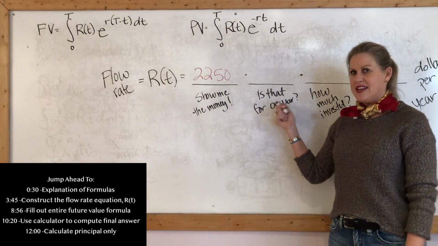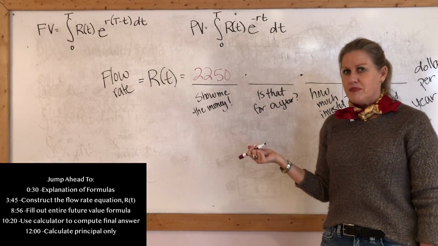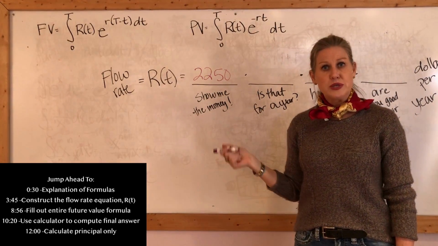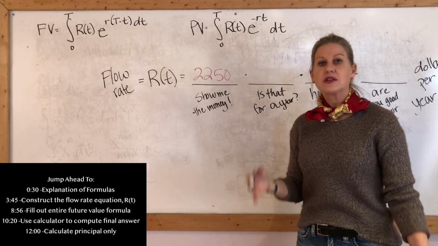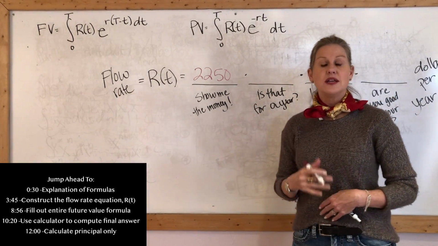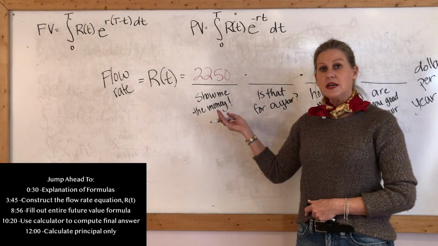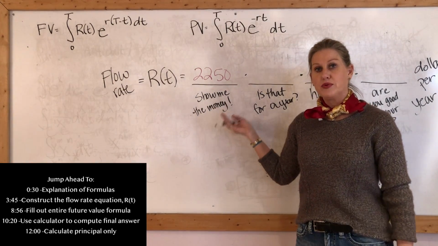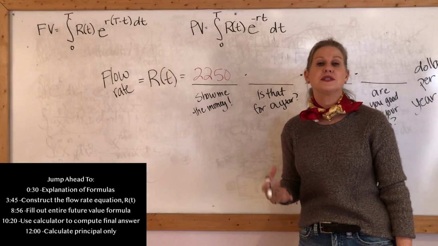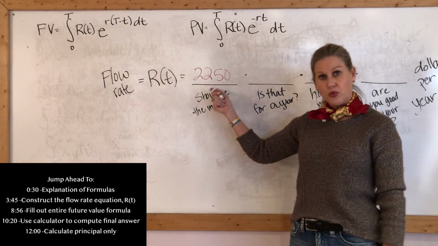Then we have to say, is that for a year? So they're making $2,250, but we have to figure out, does that represent an annual amount? Because that's how the flow rate equation works. The money that we enter is always converted to an annual amount. For Bob and Susie, $2,250 does not represent an annual income. It represents a weekly income. So combined, they're making this much per week.